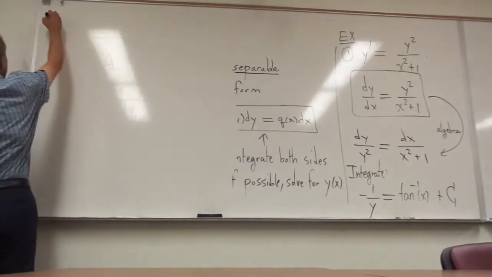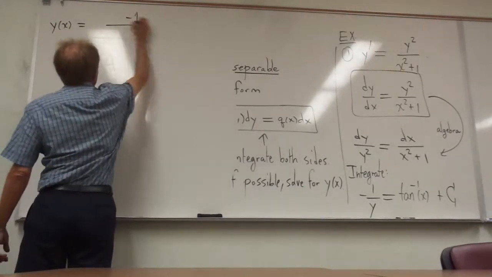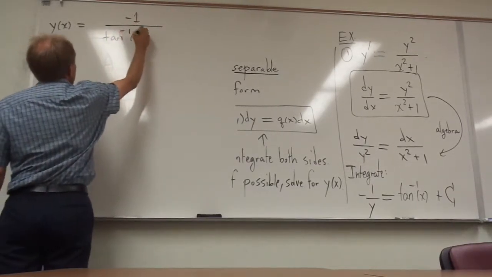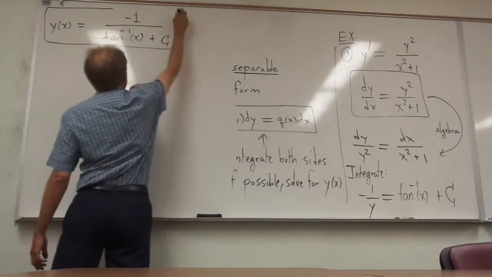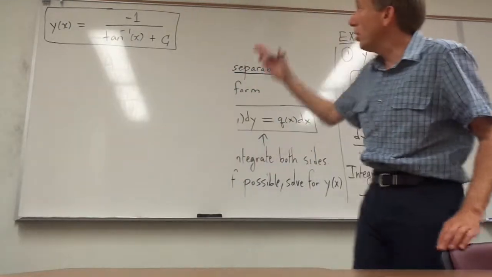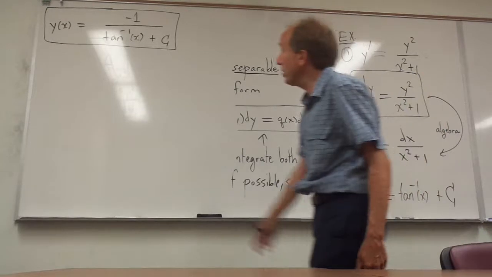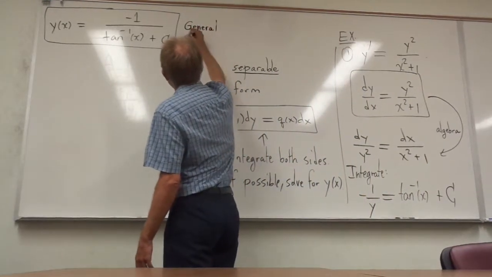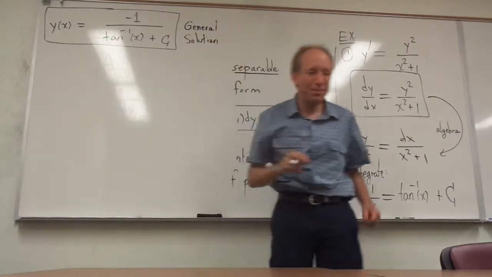So the final answer would just be y of x equals negative 1 over the arctangent of x plus c. And again, if we had been given initial conditions, we could solve for c. That's for an initial value problem. But if I just want the general solution, this is the general solution to the differential equation, it's going to have that c as part of the answer.